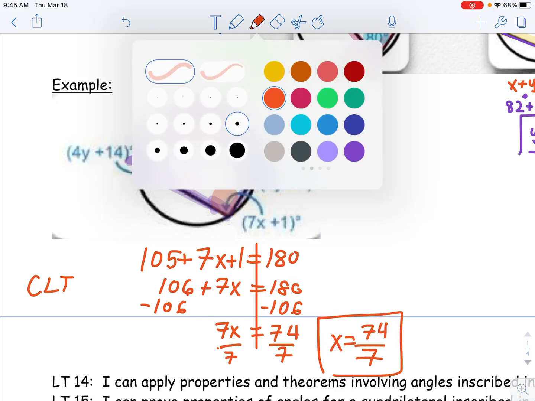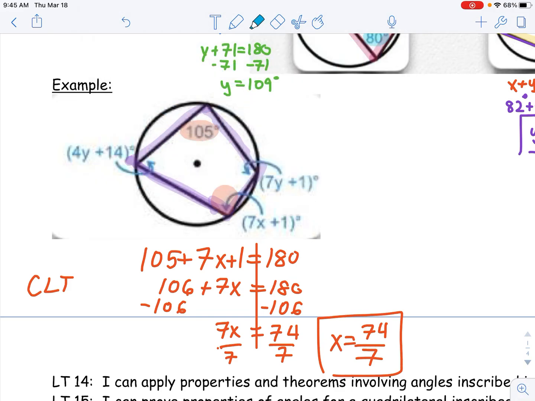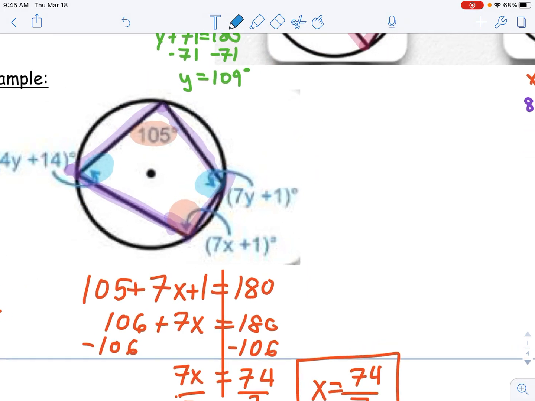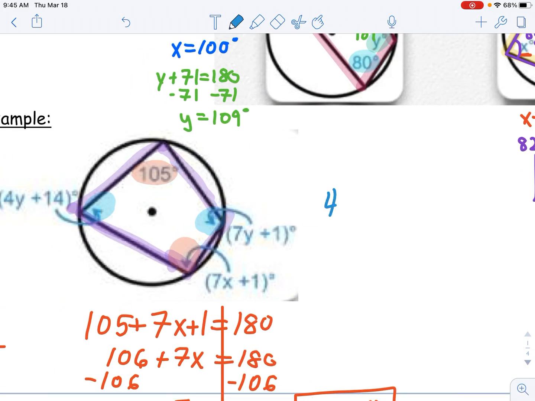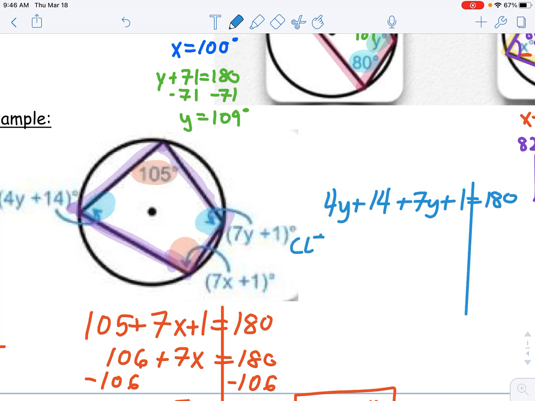Then we're going to focus on that stuff right there. We've got 4y plus 14 and 7y plus 1. It's going to equal 180, because those angles are supplementary. Again, the first thing I want to do is combine like terms.